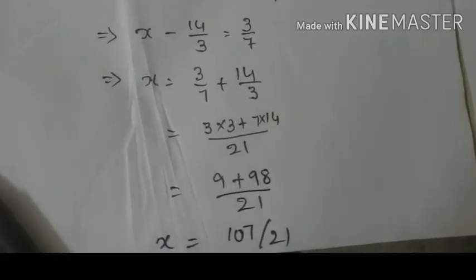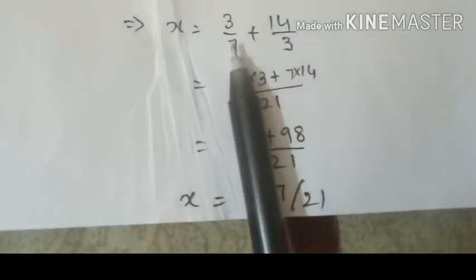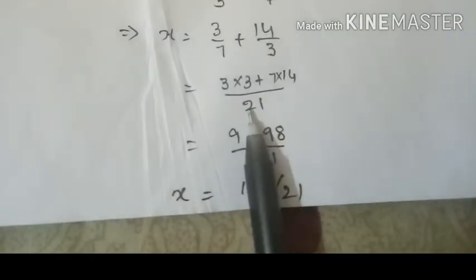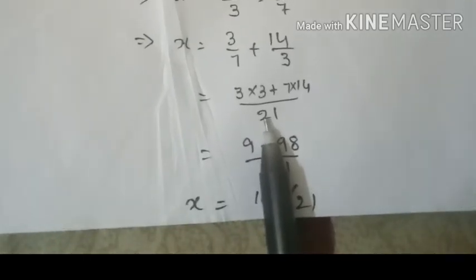Now these two are fractions. So how do you find the value? First of all, find the LCM. These two denominators are different numbers. So how do you find the LCM? Product of the two numbers. So 7 into 3, 7 3s are 21 is our LCM.